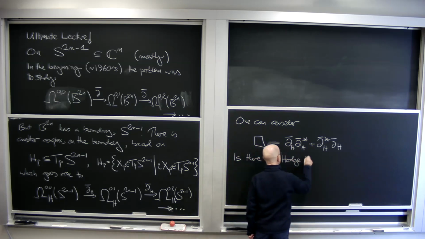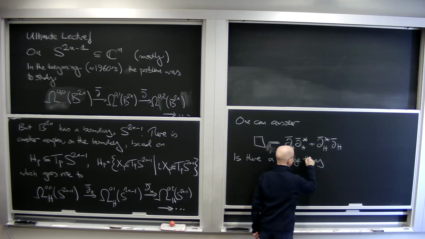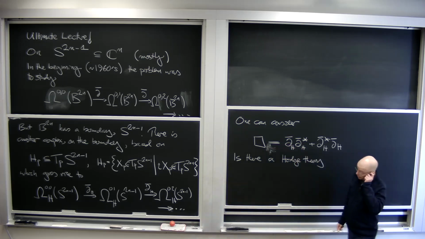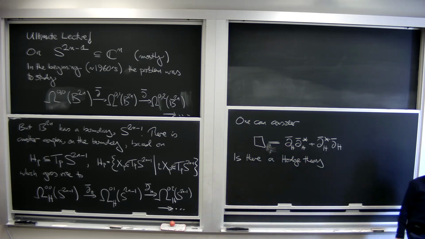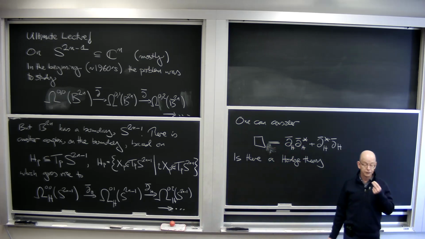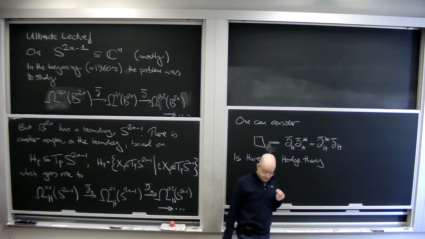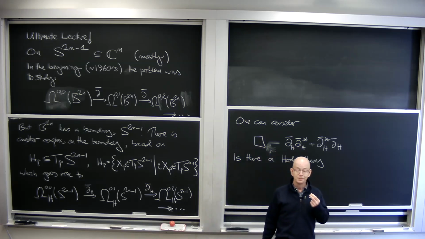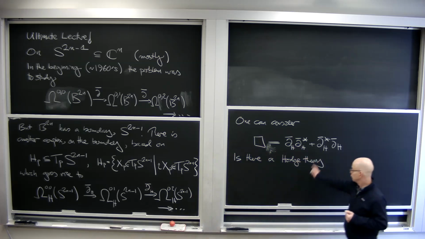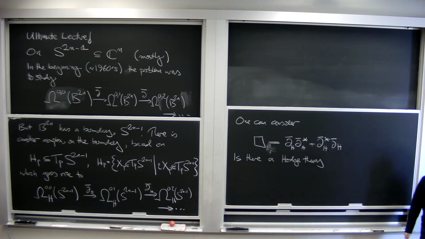And you might ask whether you can do for forms on the boundary, these special sorts of forms on the boundary, what it's known you can do on a compact Riemannian manifold, namely associate to each cohomology class in the cohomology of this complex an actual harmonic representative, a function or a form which is in the kernel of this operator in a unique way.